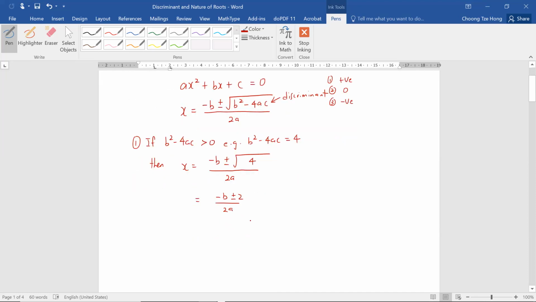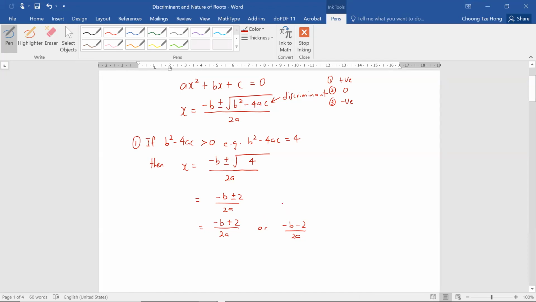In this case, you will see that you will be able to get two answers. One is minus b plus 2 over 2a, or minus b minus 2 over 2a. These two answers are different from each other. One is minus b plus 2 on top, one is minus b minus 2 on top. So obviously, we are going to get two different answers.